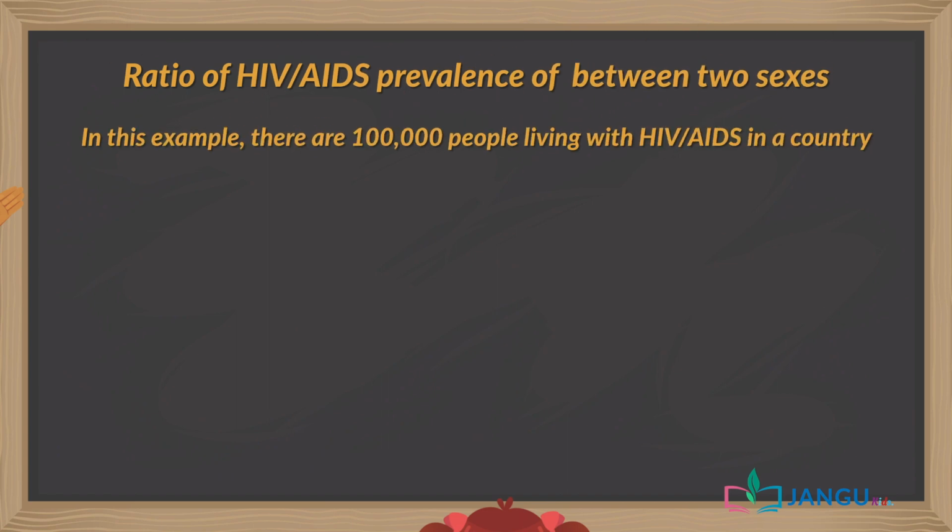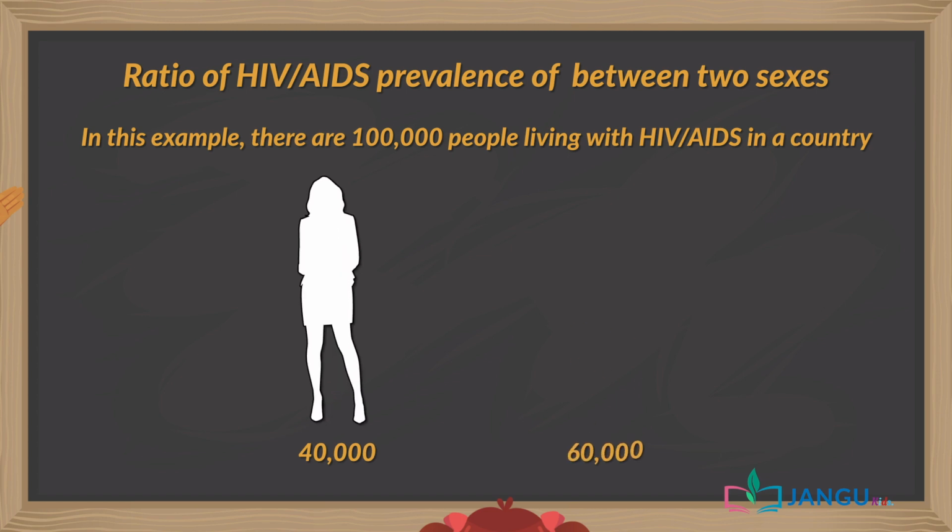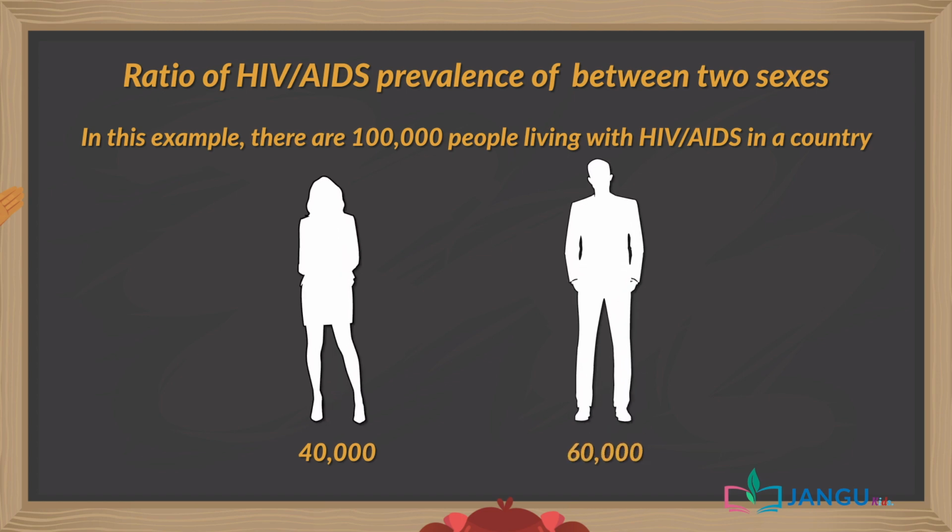In this example, there are 100,000 people living with HIV AIDS in a country. 40,000 are female and 60,000 are male.